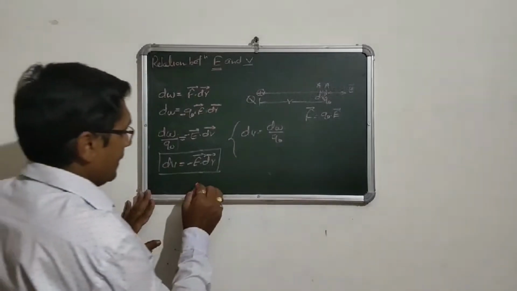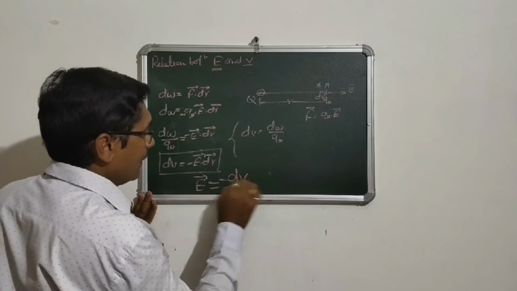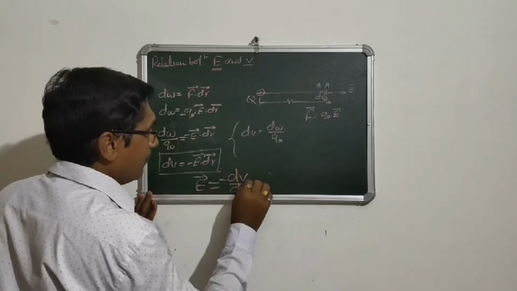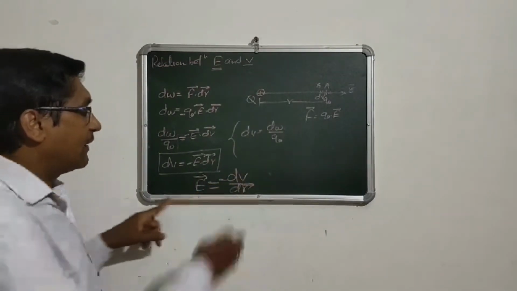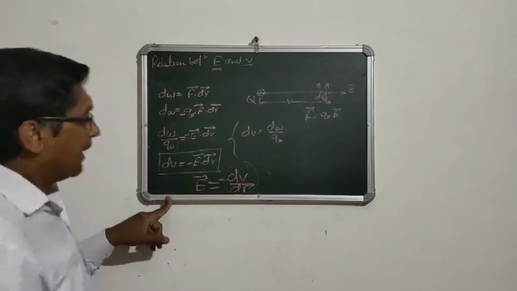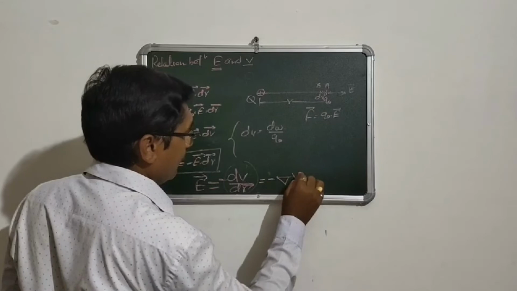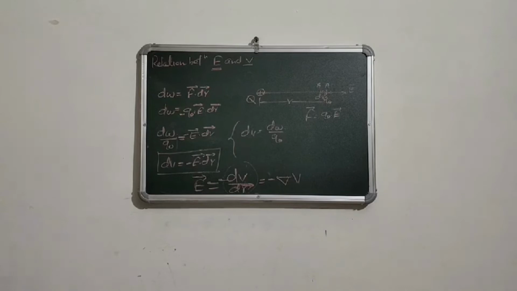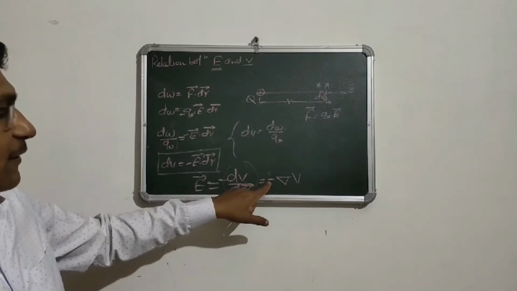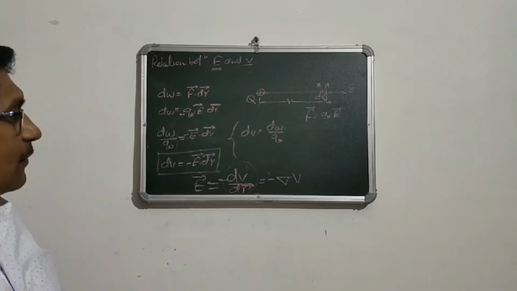Or in another way we can say electric field is equal to negative dV by dr, the negative potential gradient, because here potential is divided by distance, that's why this term is called potential gradient. It is also known as minus gradient of V. So electric field is equal to minus potential gradient, where V is the potential, the negative sign is negative, and this is the sign of gradient.